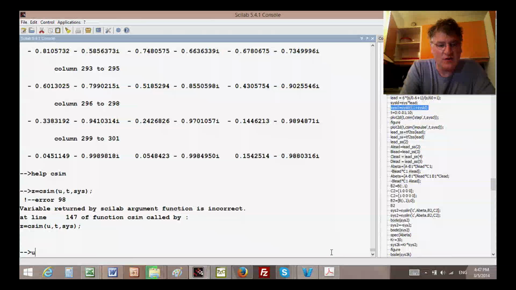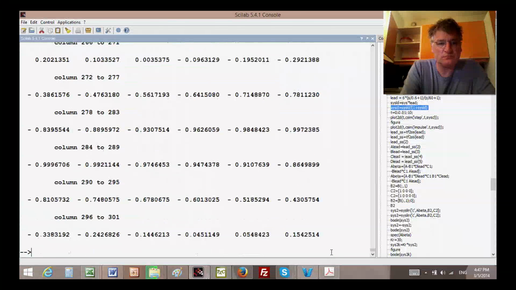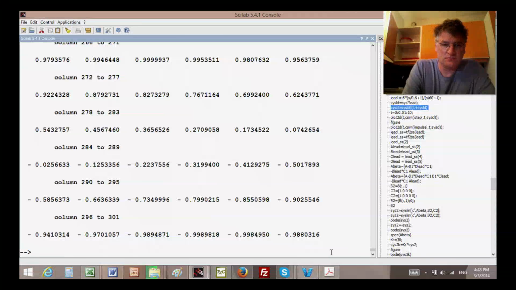So I'm going to say u1 equals real of u, and u2 equals imaginary part of u. Perfect.